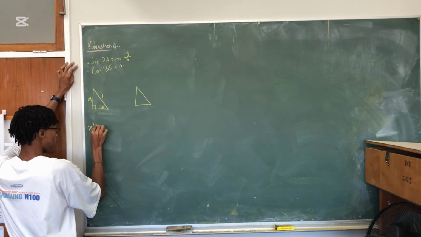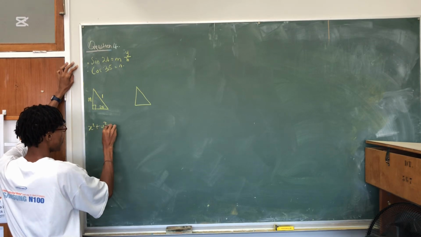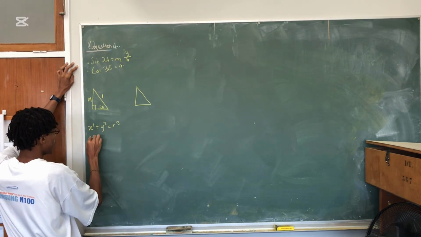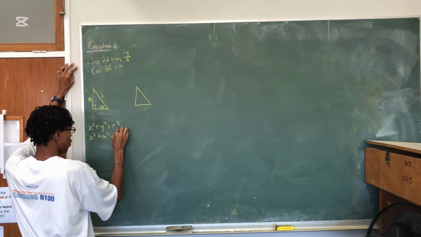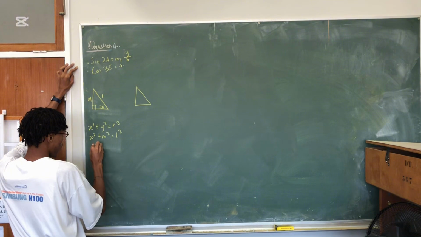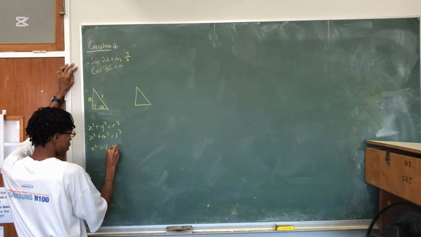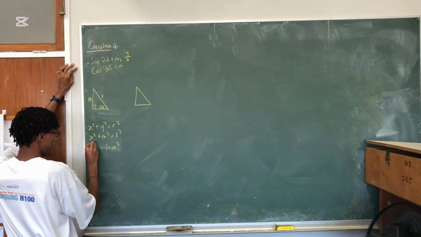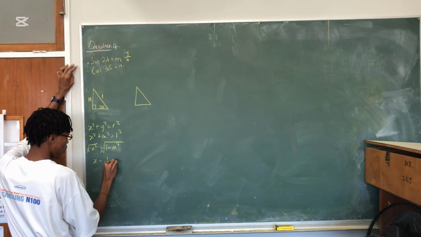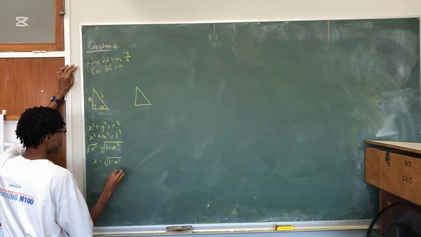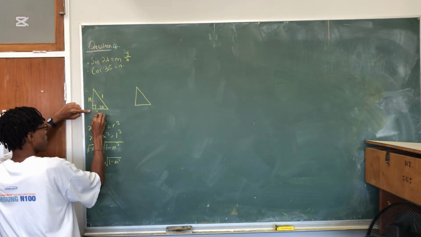We can use our Pythagorean theorem. m squared plus x squared is equal to 1 squared, so x squared is equal to 1 minus m squared. X is equal to the square root of 1 minus m squared. That's the value that we have here.